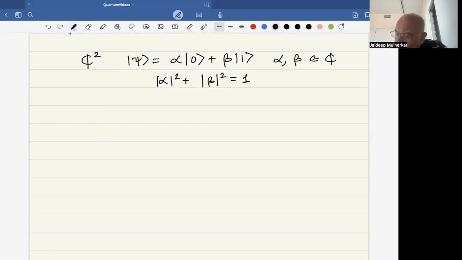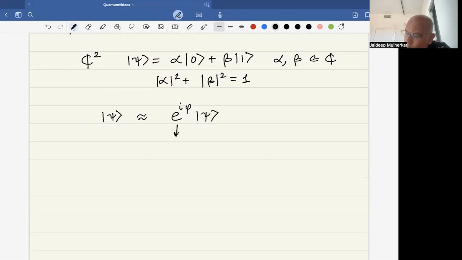The other thing to note is that if I have a state ket psi, then this is equivalent to the state e to the i phi ket psi.